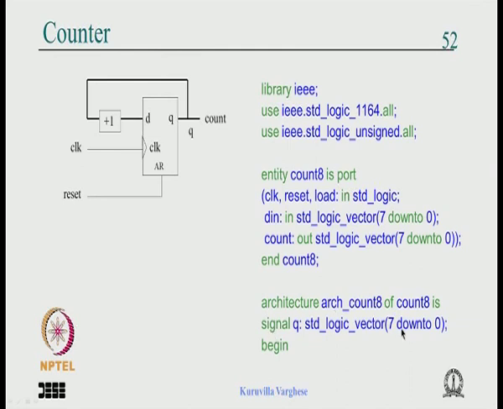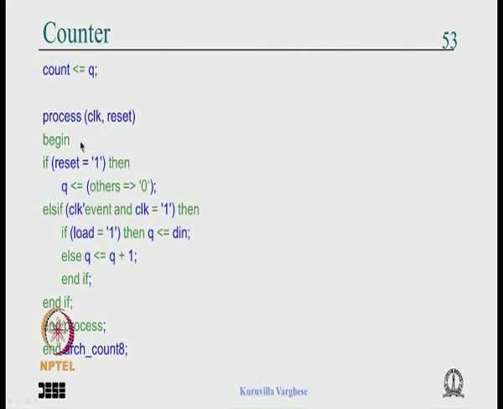And this is a signal declaration, standard logic unsigned library, and here the count is assigned with Q. Process clock, reset: if reset is 1, Q is initialized to 0, upon the clock. Now this is the main part: if load is 1 then Q gets D in, else Q gets Q plus 1, end if, and this is the end if for the clock event, end process and end architecture.